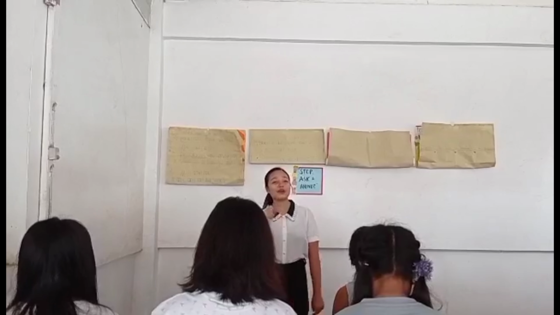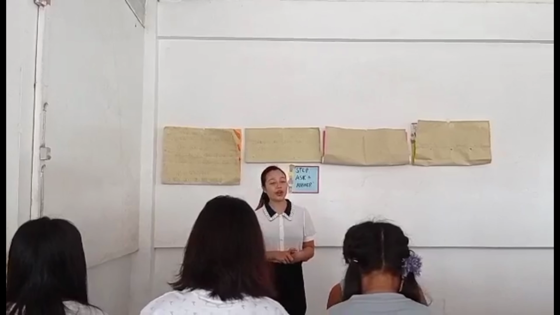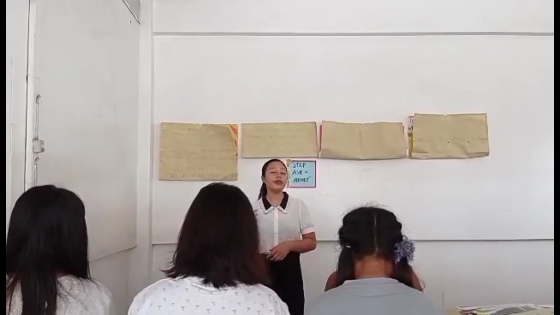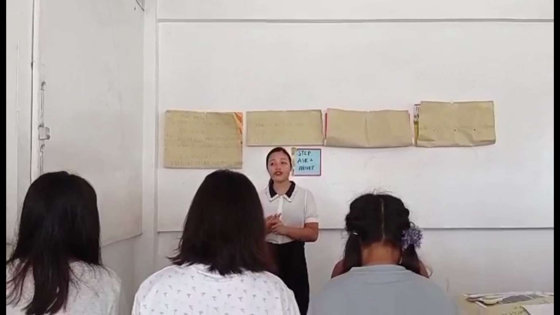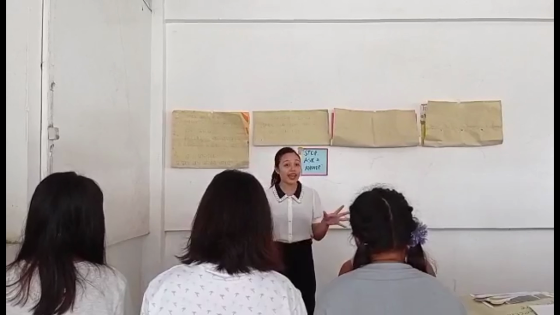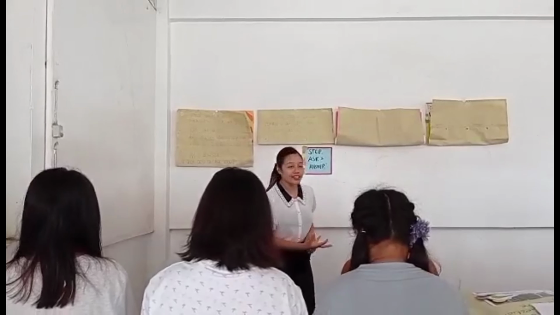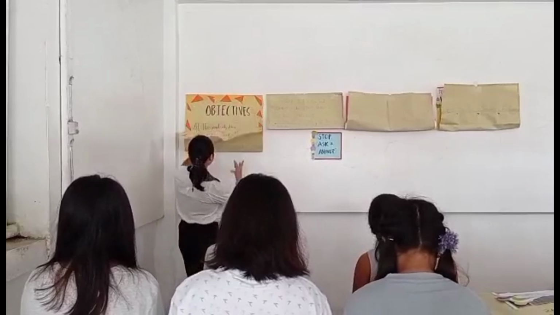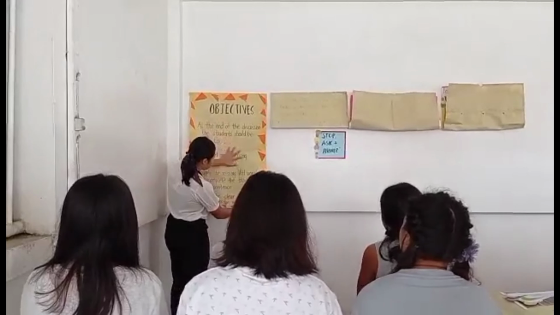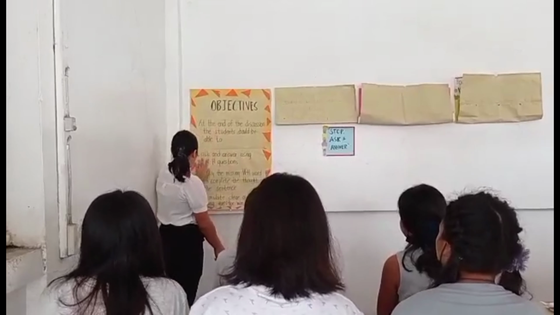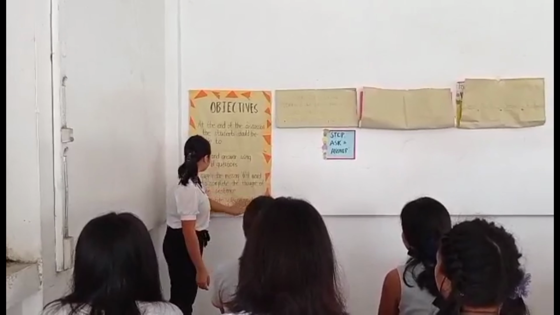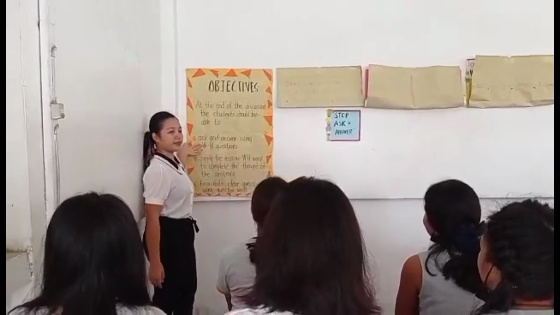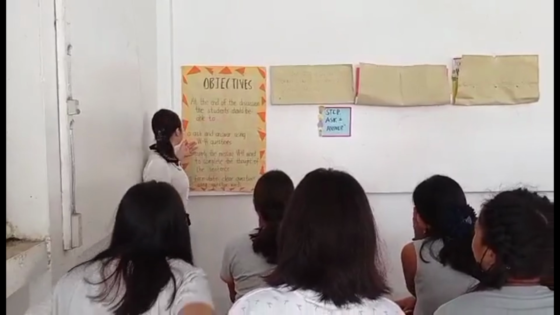As we go on with our lesson this morning, we will find out the importance of formulating WH questions. Before that, let's take a look at the objectives we have here. Our learning targets this morning: who can read this? Letter A, Dali?